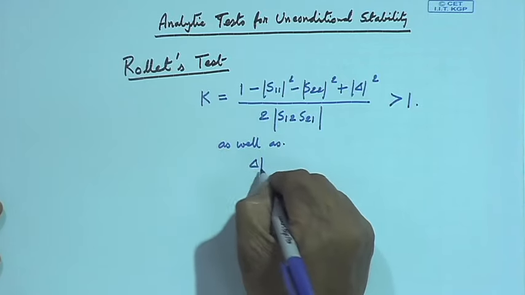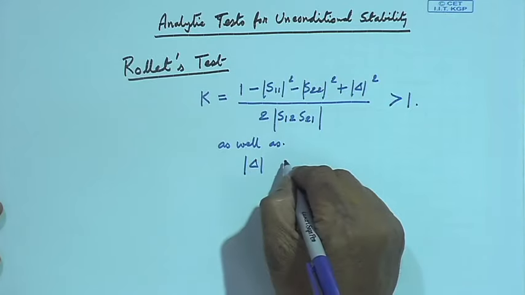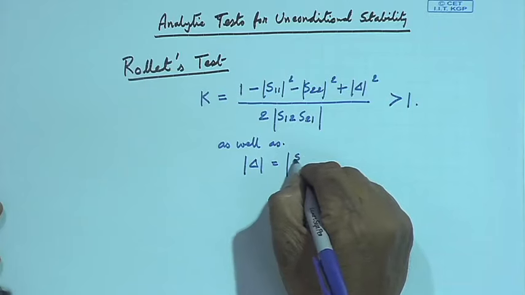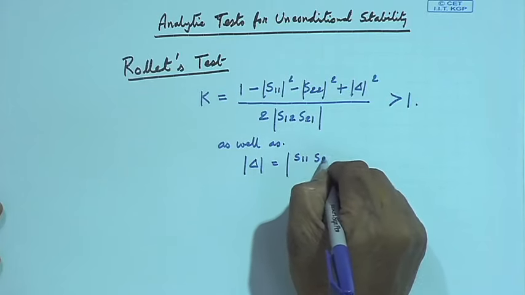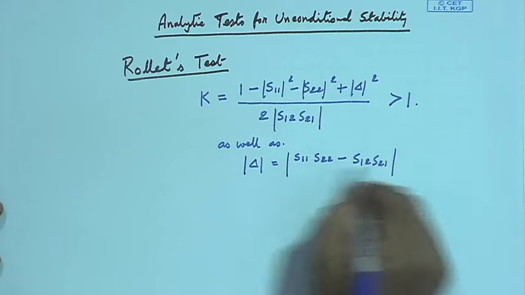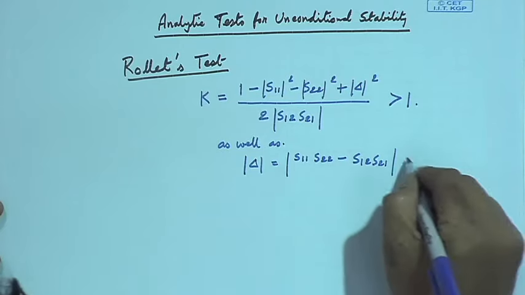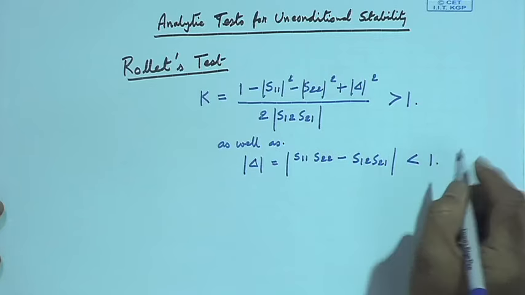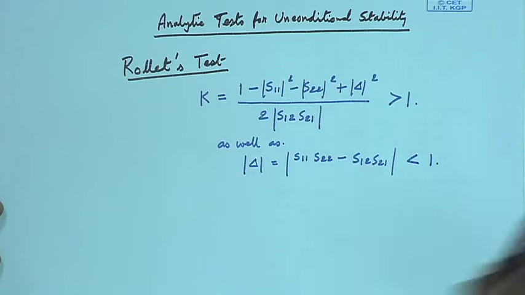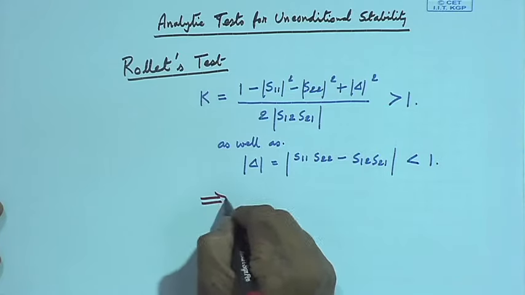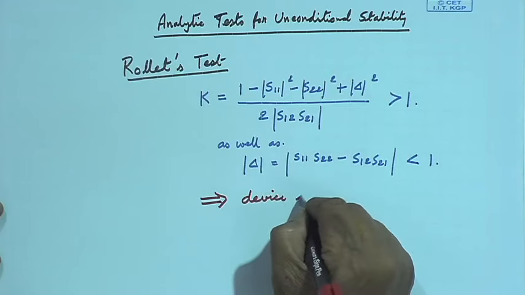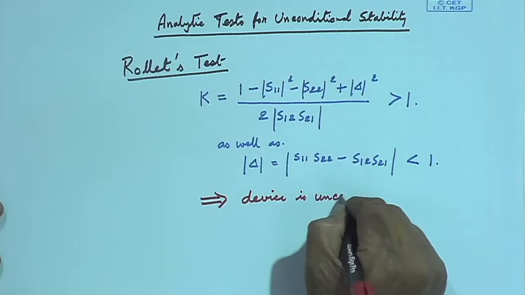if delta, which is nothing but, if you see the S matrix, S11 S22 minus S12 S21, the magnitude of this, that means this is a real number, is less than 1, then we say that this Rollett's test passes and the device transistor is unconditionally stable.